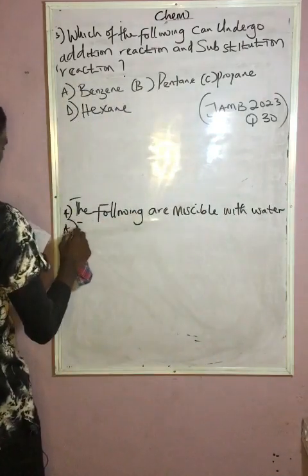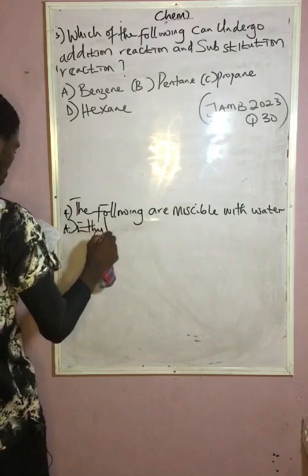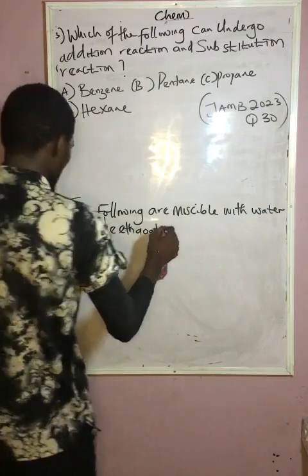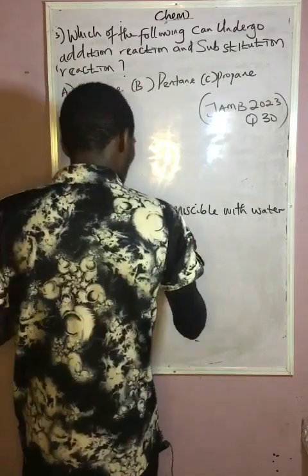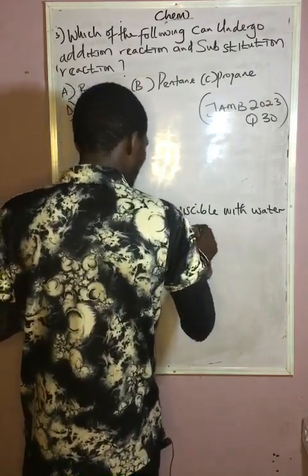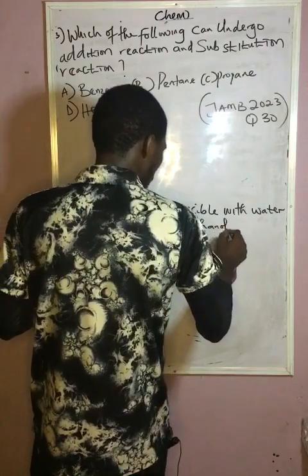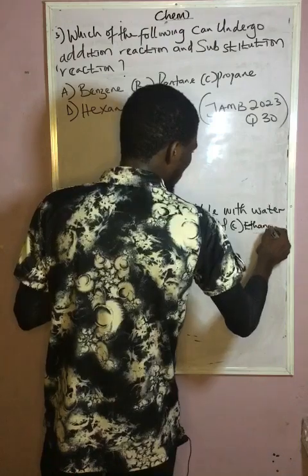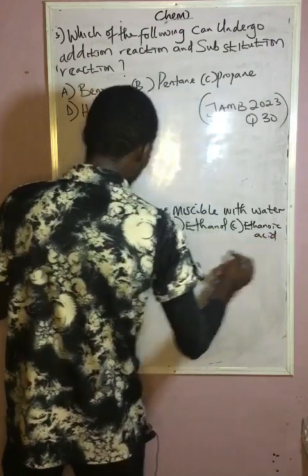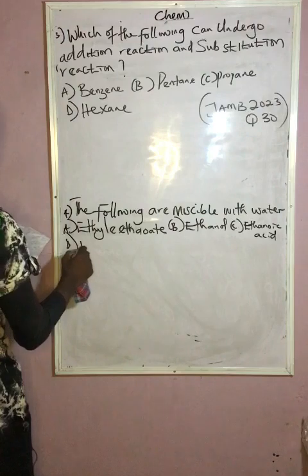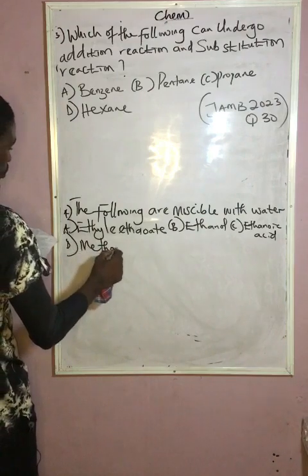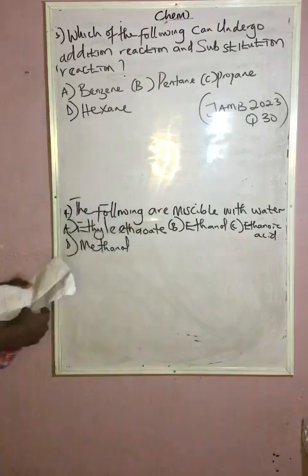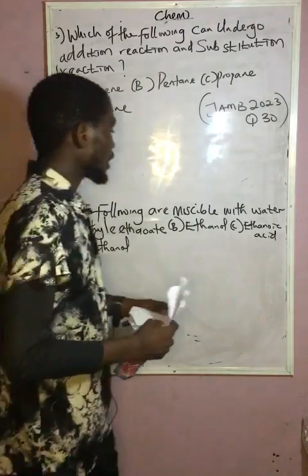A, ethanoate, B, ethanol, C, ethanoic acid, D, methanol. So guys, let's take a look at this, then we can have the end of the class.